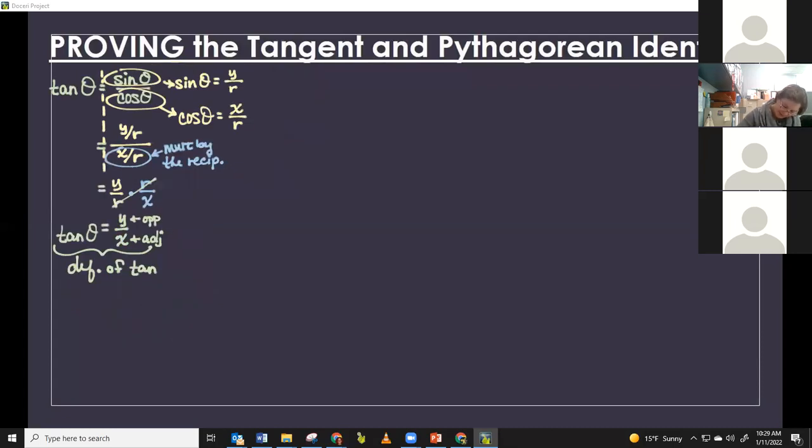And then we have Pythagorean identities, sine squared theta plus cosine squared theta is equal to 1.